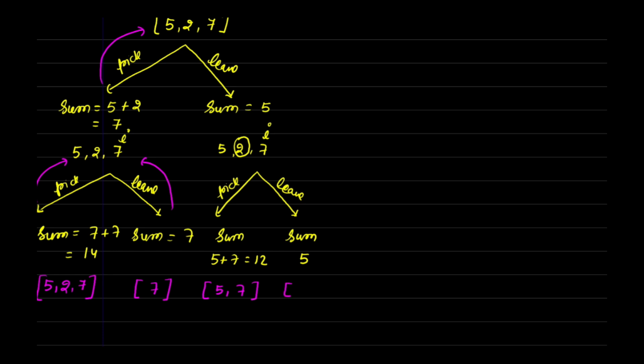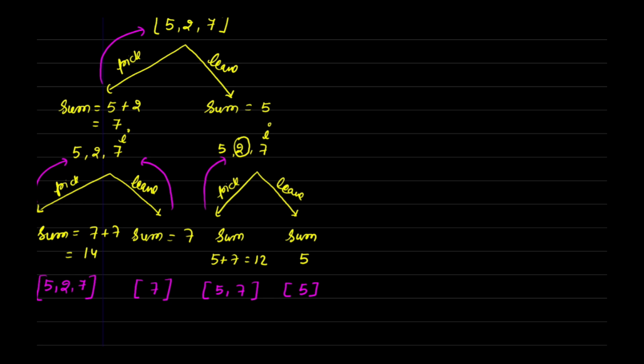and here 5 only. Here we have gone through all the indexes, so we will go back and do a backtrack. In every backtrack, the element is subtracted.